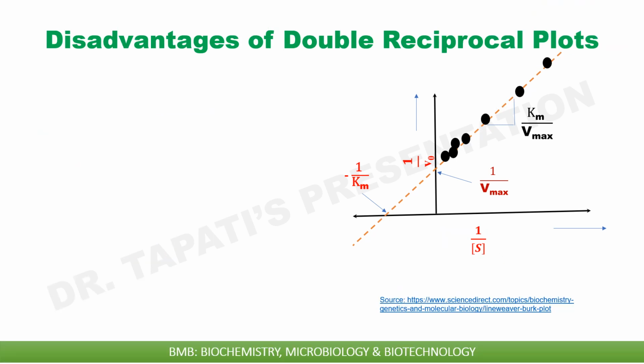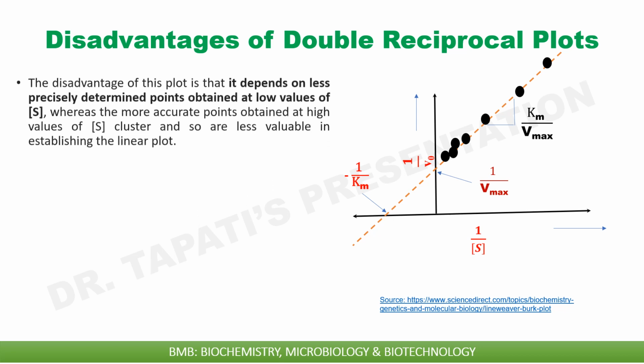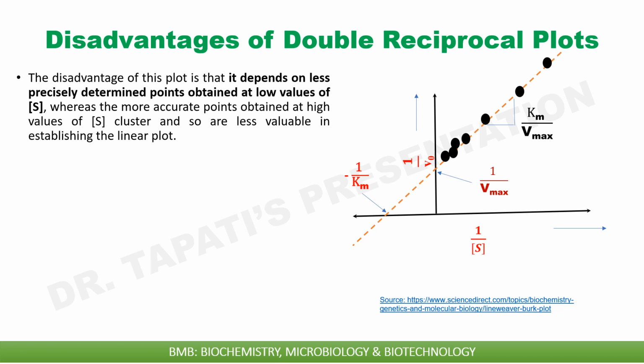Although double reciprocal plots are more useful as compared to the Michaelis-Menten equation for the calculation of Km and Vmax value, there are disadvantages of this plot. The disadvantage of this plot is that it depends on less precisely determined points obtained at low values of substrate.